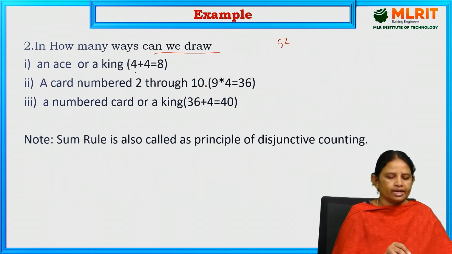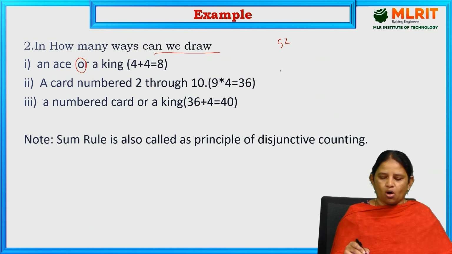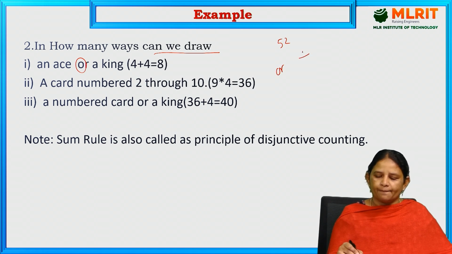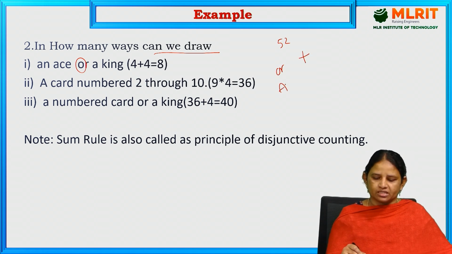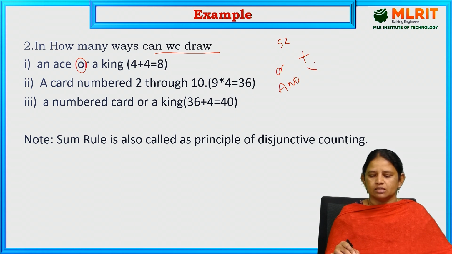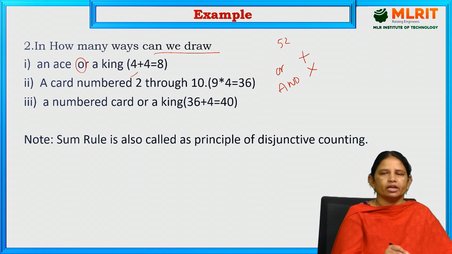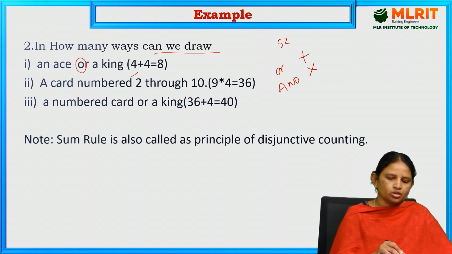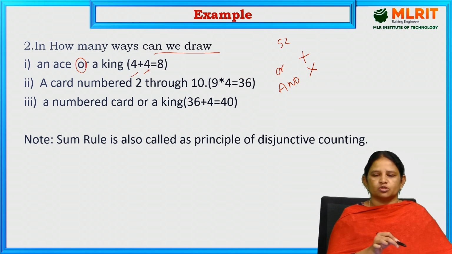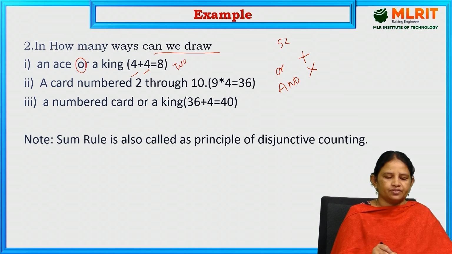Ace or king means 'or' is there. If it is 'or', use plus. If it is 'and', use multiplication. Ace can be drawn in 4 ways and king can also be drawn in 4 ways. 4 plus 4 is equal to 8 ways we can draw it.